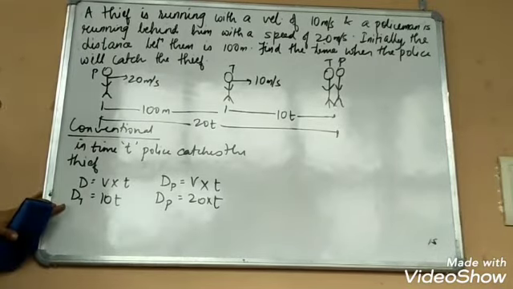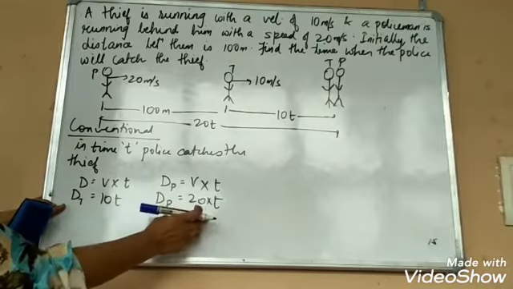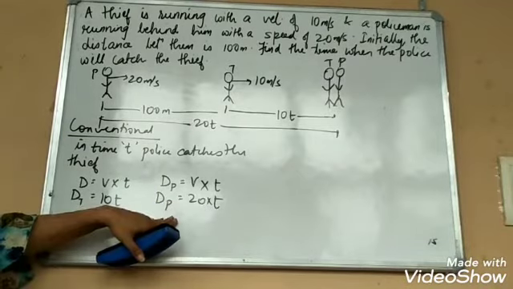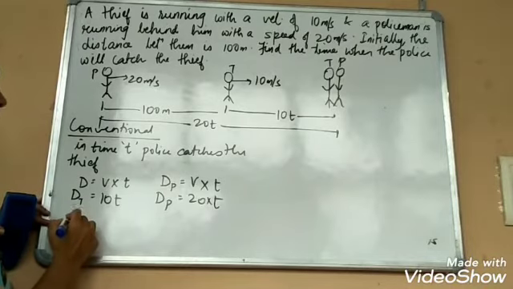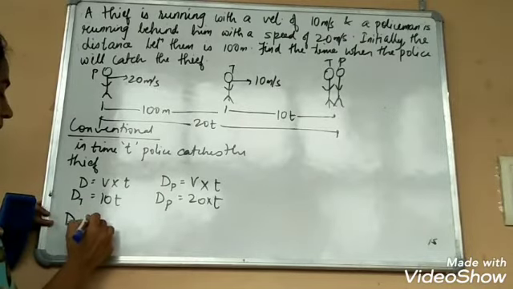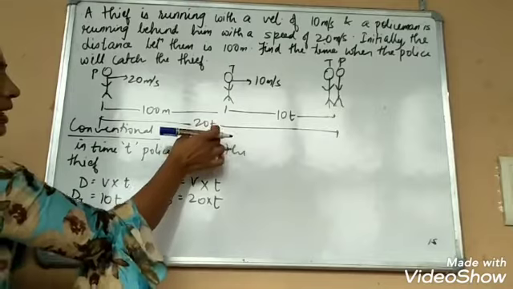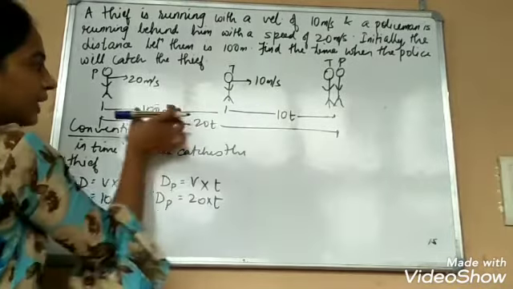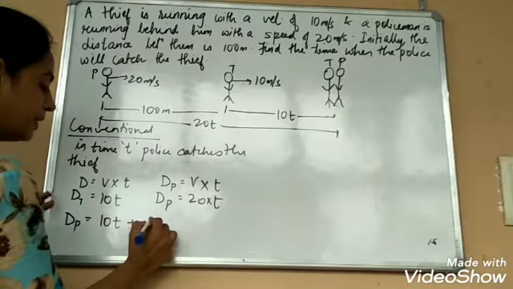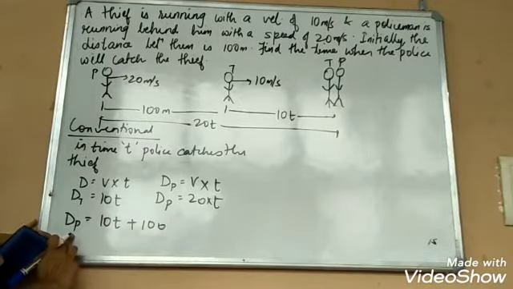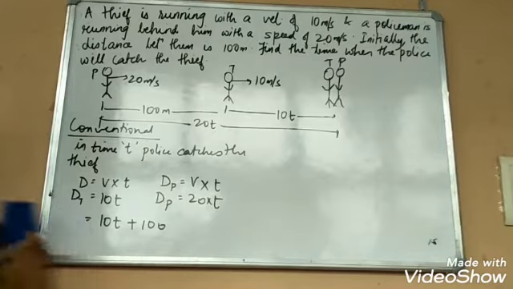Now here, you know that this much is the distance covered by the policeman, and the distance covered by the policeman is how much? 10t plus 100, right? What is the distance covered by the policeman? 20t.